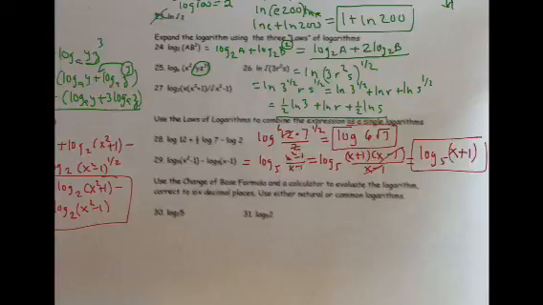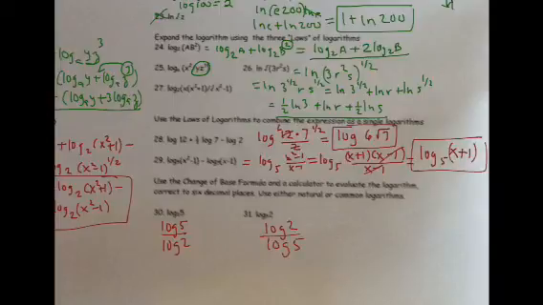Okay, and then we have the change of base theorem. So number 30 we're going to write as log 5 over log 2. And then number 31 is going to be log 2 over log 5.